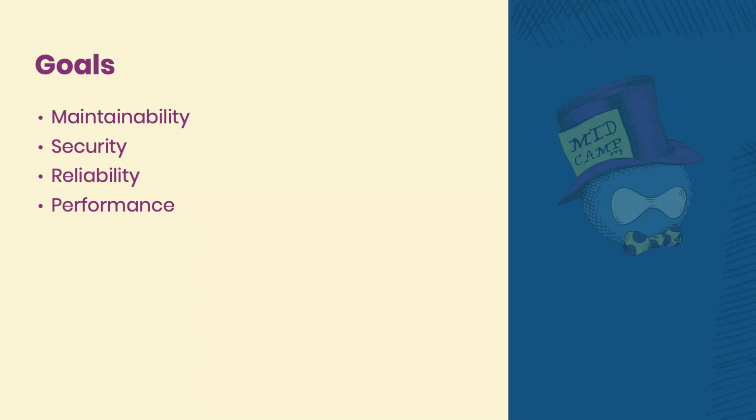And security. My policy is that only files that need to be under the web root should be under the web root. So we want to make sure we're not putting files that aren't needed in there. Reliability, we want to make sure that we can actually load it so that it can be used and we can trust that it's going to be there and that it's going to be as fast as possible.